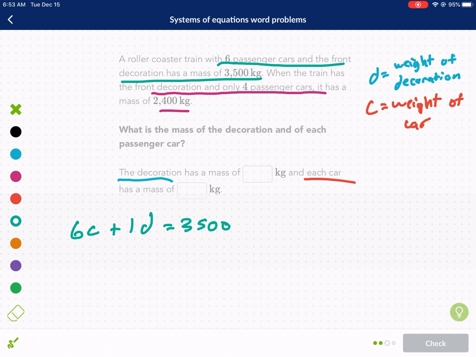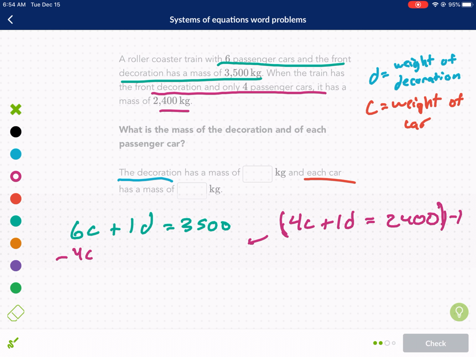There's our first equation. Second equation, there's only 4 cars plus the same decoration, 4C plus D, and that equals 2,400. I'm going to use elimination here. So we have our two equations, very simple. Now I'm going to multiply this by -1, and then put it underneath here for elimination.